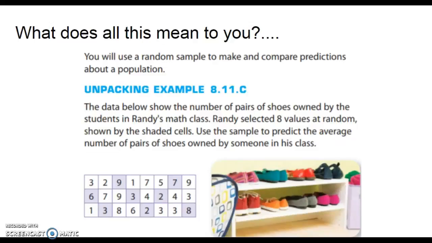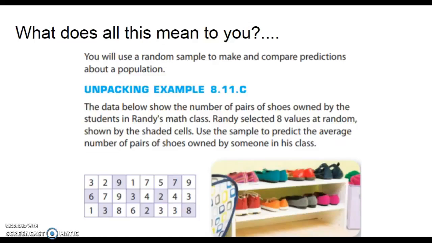So the numbers you're going to use are 9, 7, 6, 3, 2, 3, 2, and 8. You're going to add all those numbers together. After adding those numbers together, you should get the amount of 40.